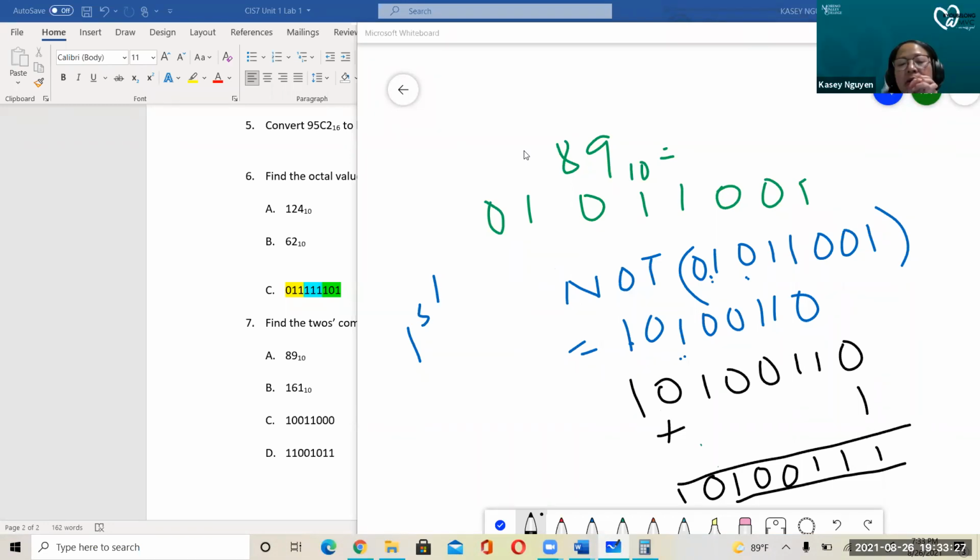So now in some classes, let's say that you transfer after the semester or a few semesters from now, when you go to university, the class that need to reference this material, they would assume that you know how to do this already. So if you don't know how to do 2's complement, those classes are digital, which is required in computer science, assembly, which is CIS 11 at RCCD.